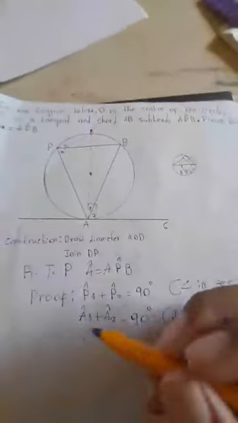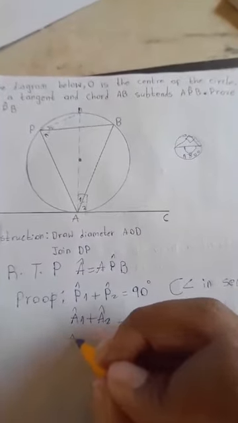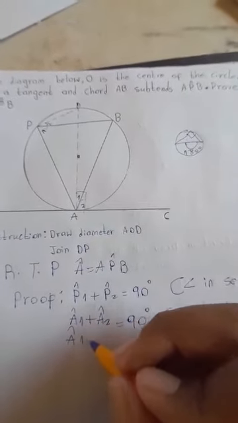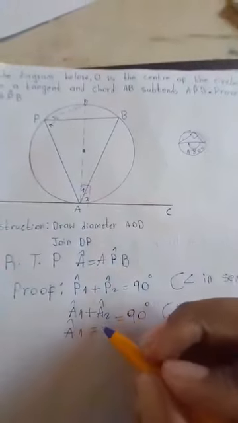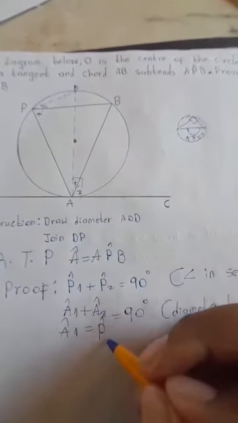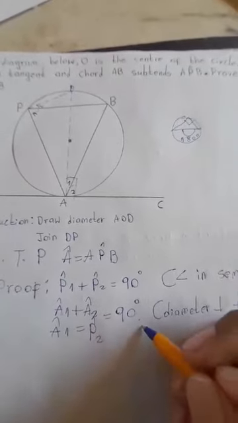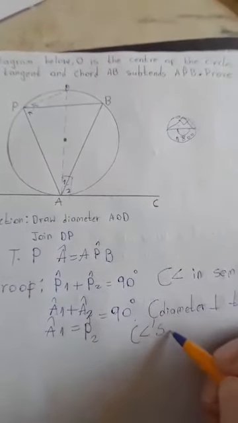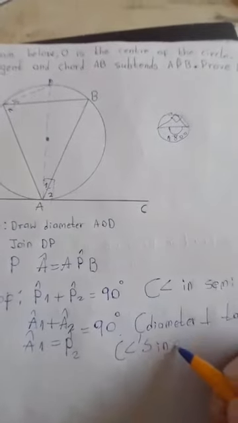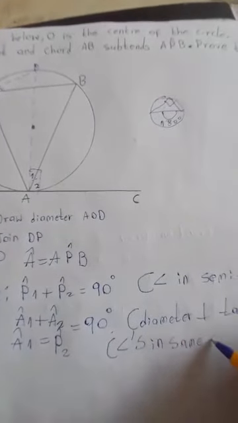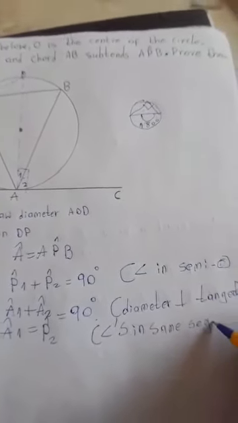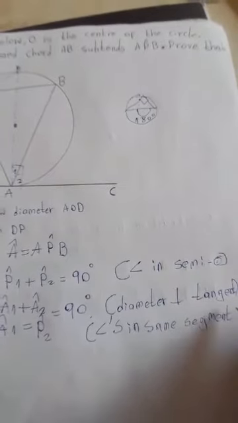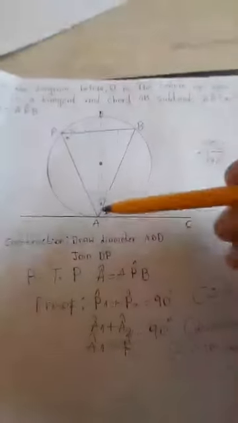You can see A1 is equal to angle P2, this side here, because of what? They are angles in the same segment. These angles here are angles in the same segment. That's why they are equal.